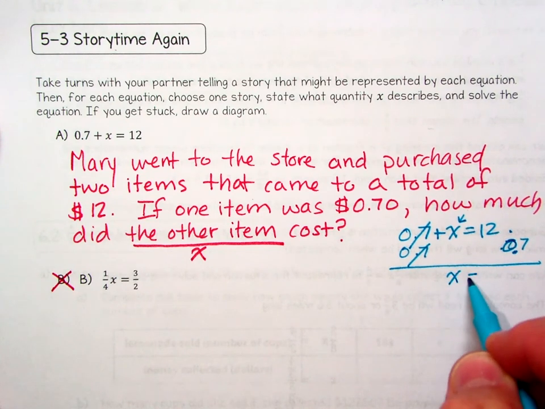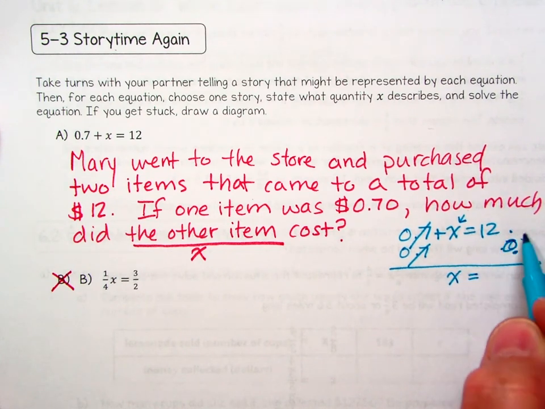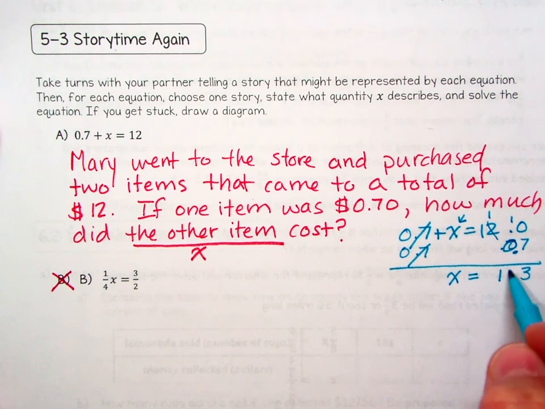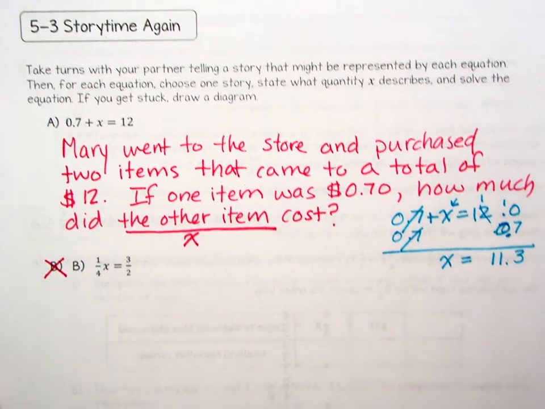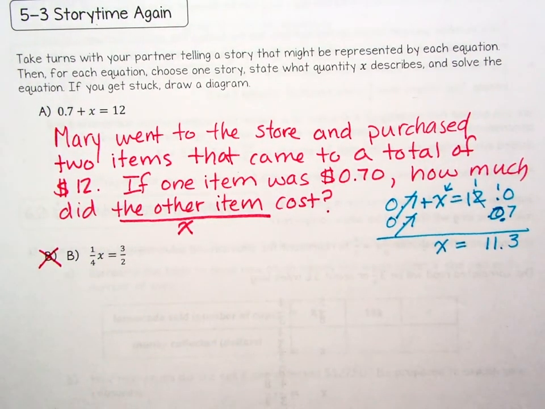That just leaves the X. And then 12 minus 0.7. I have to do some borrowing. 10 minus 7 is 3. 11 minus 0 is 11. So X is going to equal 11.3. So the other item must have cost $11.30.